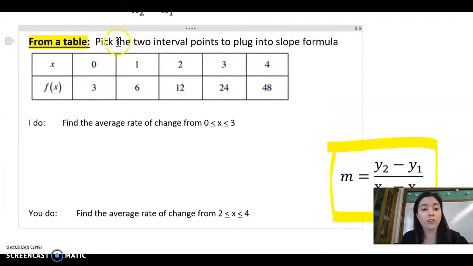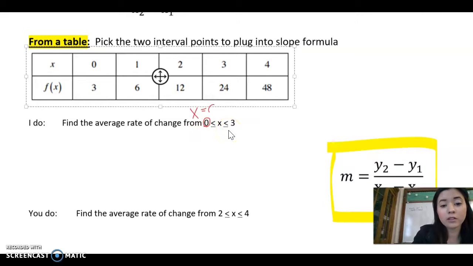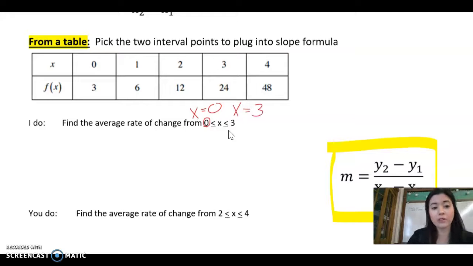So I have find the average rate of change from 0 to 3. Now this format, we've seen this only maybe a few times. This just means when x is 0 to when x is 3. So that means if I look at my table, x is 0 is right here.